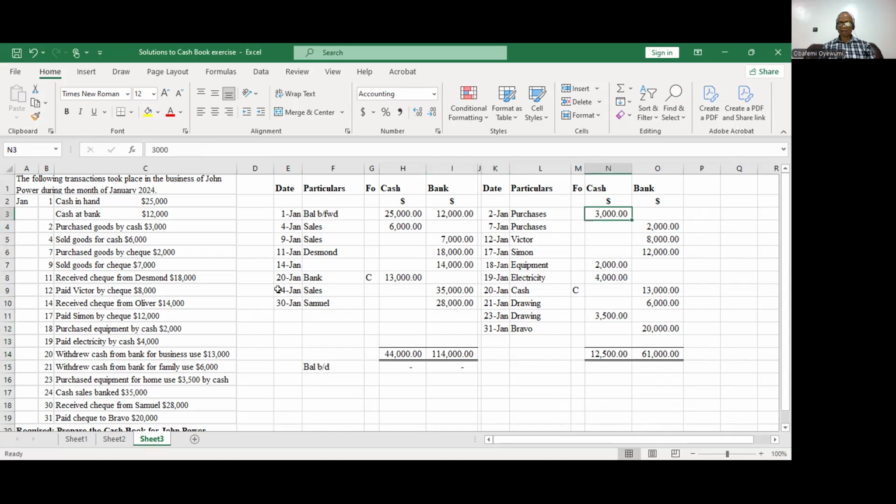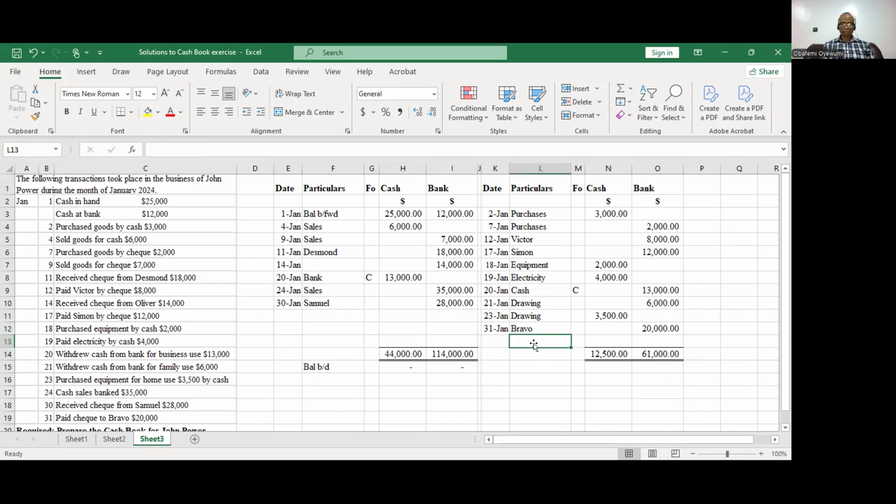Here the total that we have is 12,005, and then what we have is 61,000. So what does that mean? The credit side is lower than the debit side. So you now have to look for the balancing figure. That's what you're going to use for the purpose of balancing your account.